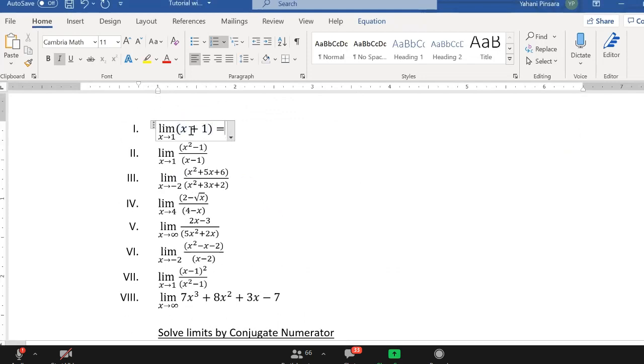So here we have to apply the addition rule. Why are we applying the addition rule? Here we are saying this is f(x), and we can say this is g(x). How can you say this is g(x)?